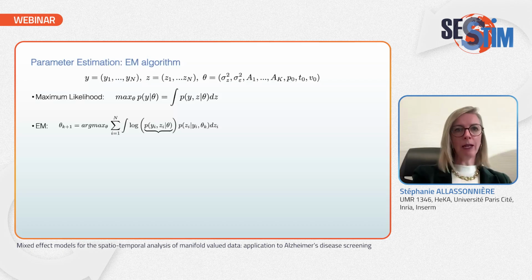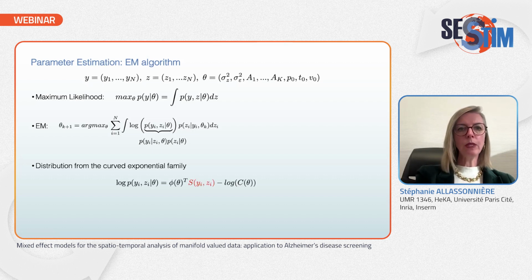If you do the EM algorithm, you will produce a sequence of parameters that you will update in two steps. The first one being to compute the conditional probability of the latent variables given the observation and the current parameter. And the second step is the expectation of the complete log likelihood, which writes very easily with respect to this distribution. So although the model looks ugly, it belongs to the curved exponential family, which really simplifies everything in here.